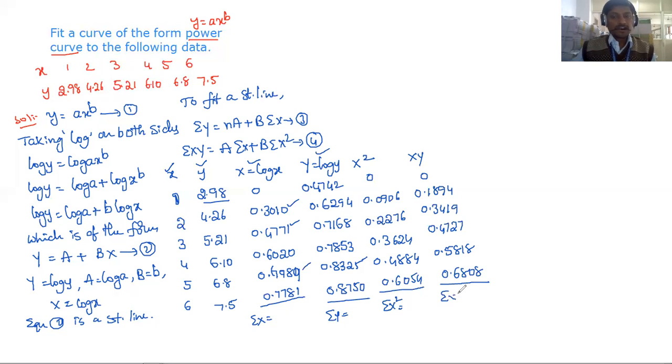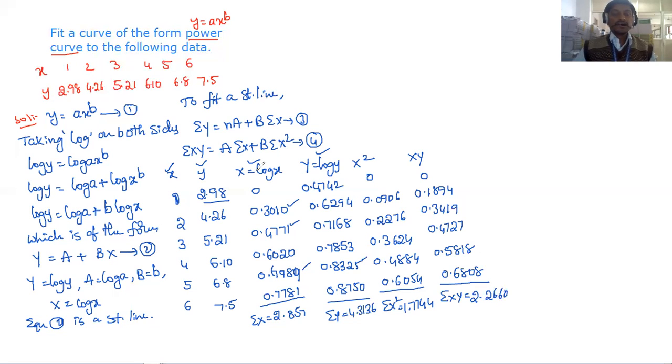By adding these values we get summation XY. So here summation X we got as 2.857, summation Y is 4.3136, summation X square is 1.7744, and summation XY is 2.2660.